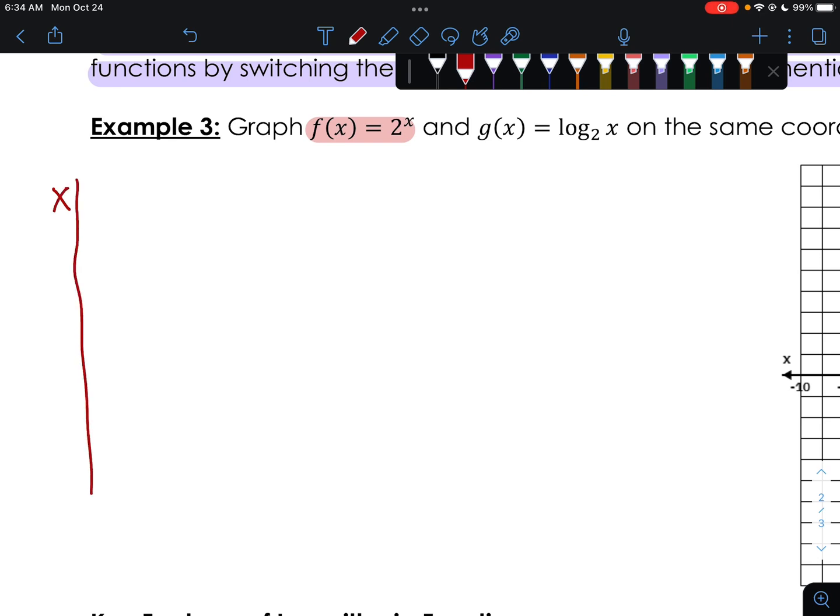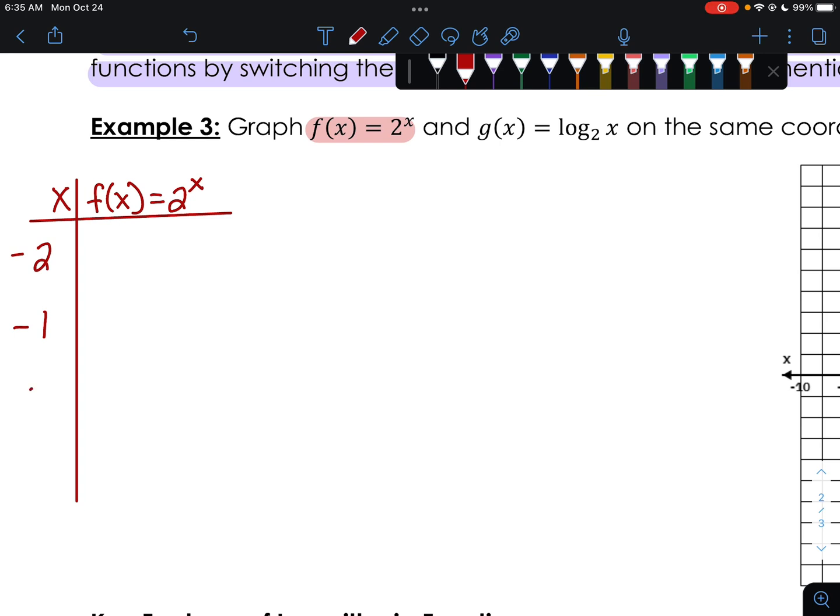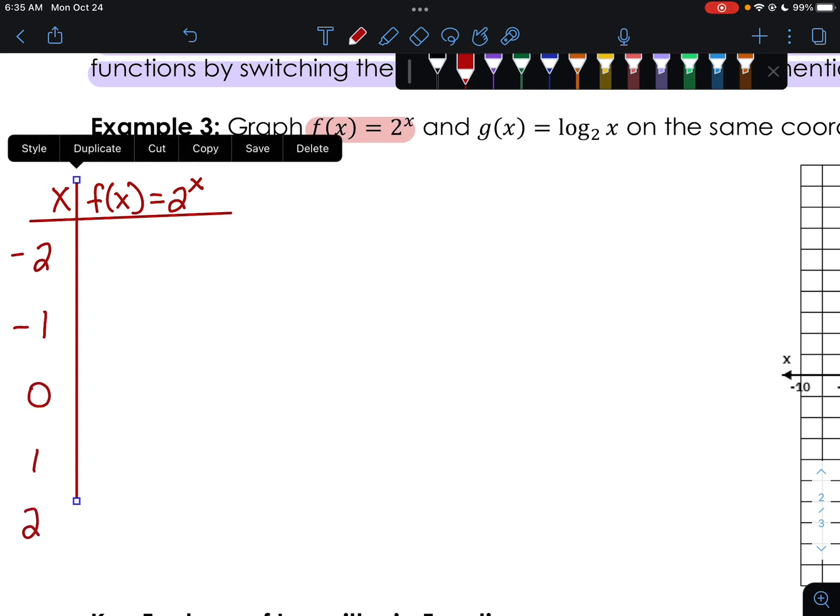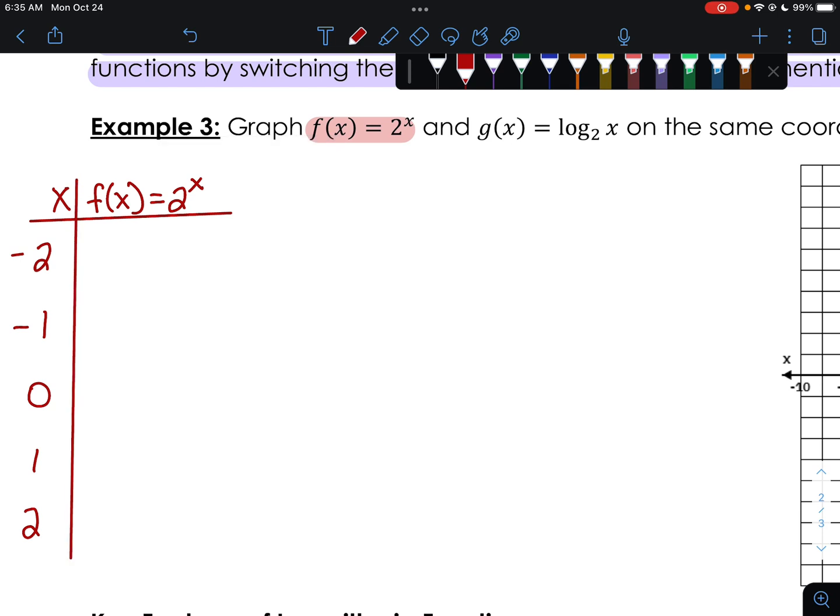So I have my x, and then I have my f of x, which is equal to 2 to the x power. I'm going to use -2, -1, 0, 1, and 2 as my x values. So I plug in.